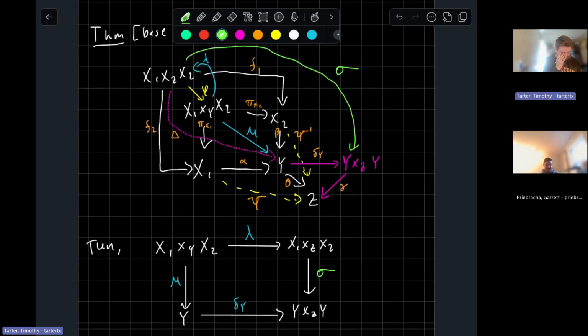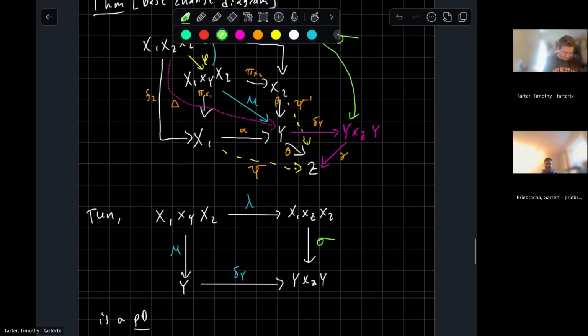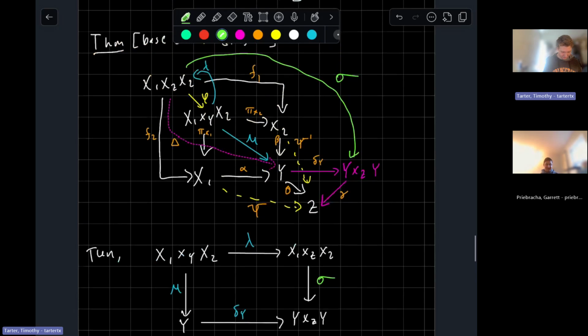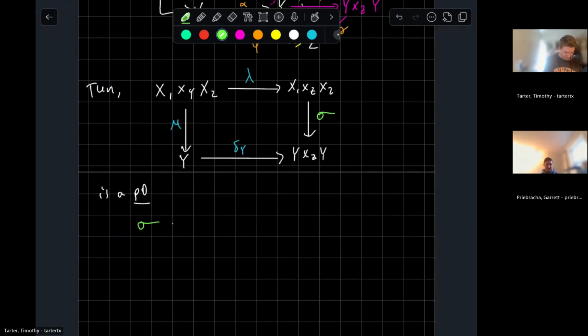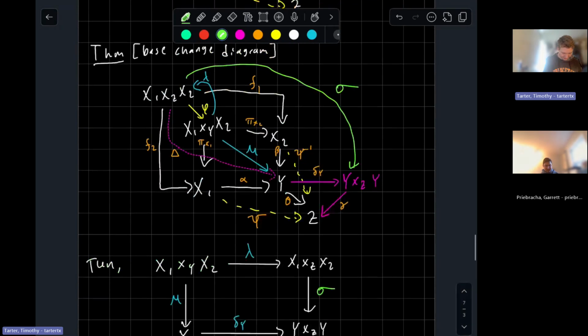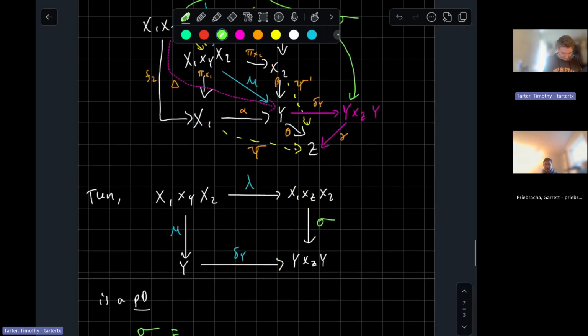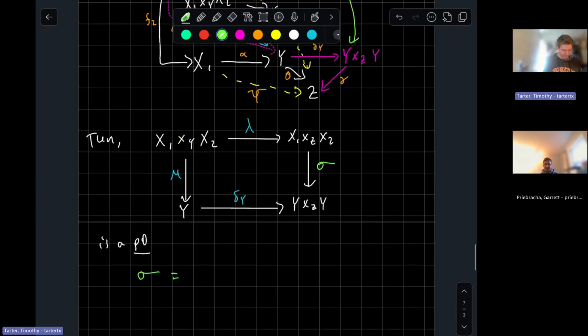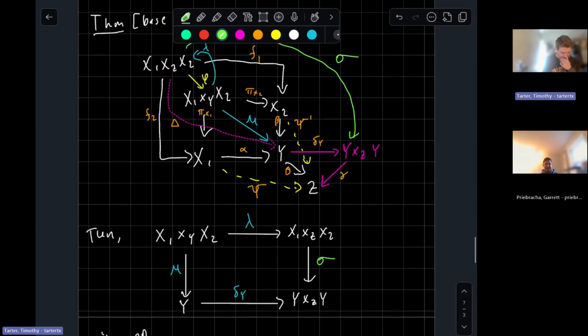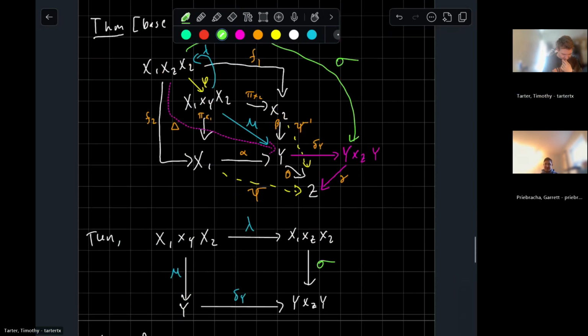So, let's start by writing out all of the things that our function compositions can be. So sigma has to go through delta y. So delta y is the last thing to go. Or is it the first thing? No, it's the last thing.